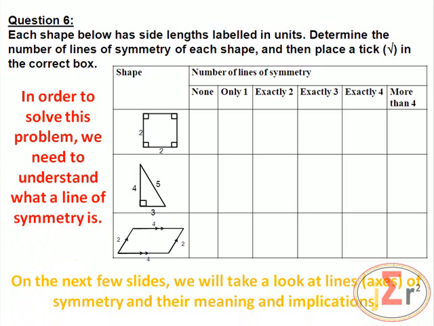On the next few slides, we will take a look at lines or axes of symmetry and their meaning and implication. So we will look at the causes and the consequences.